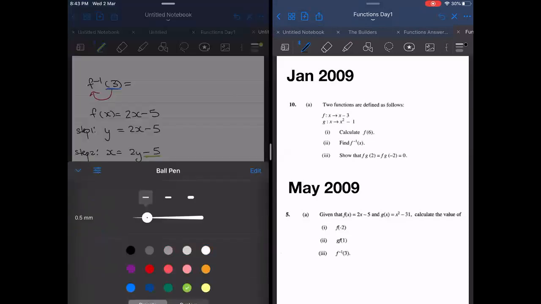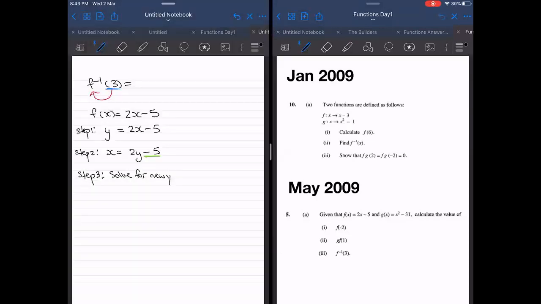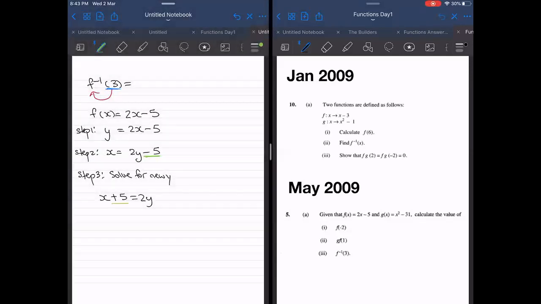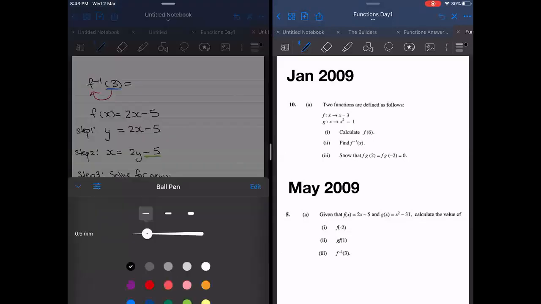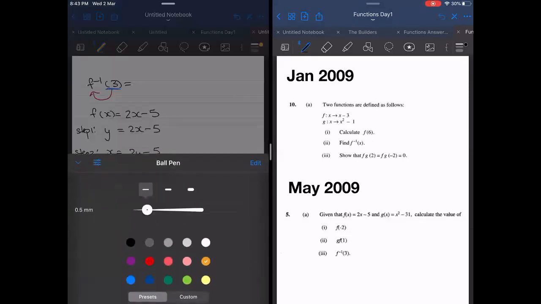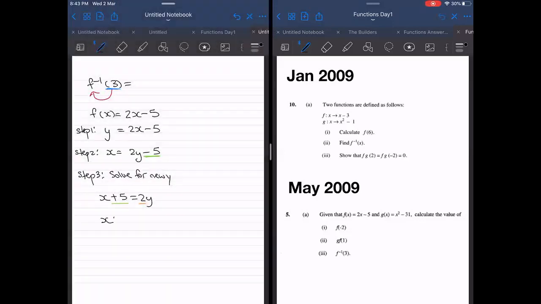So the minus 5, when we take it across, we are going to add. Right, and then the 2, which is multiplied, when we take it across, we will divide.